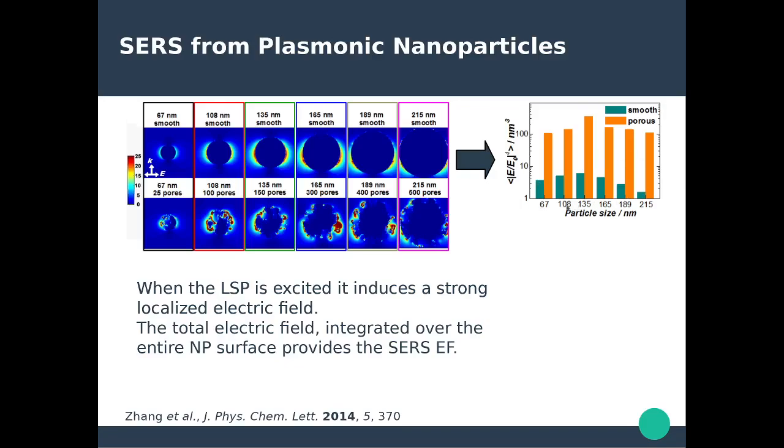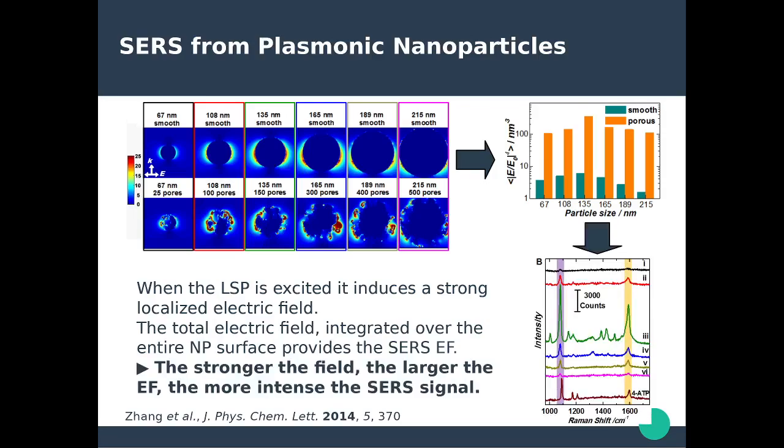From this graph for the different nanoparticle sizes, it becomes obvious that the porous nanoparticles in orange here provide a much stronger surface enhanced Raman spectroscopy enhancement as opposed to their smooth counterparts. And you see that you have a factor of 10 to a factor of 100 times more enhancement with the presence of pores at the surface for comparable sizes.